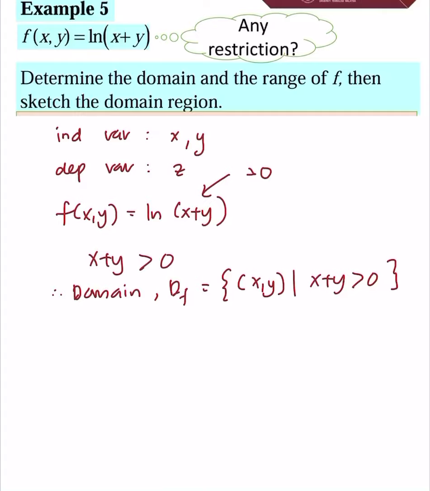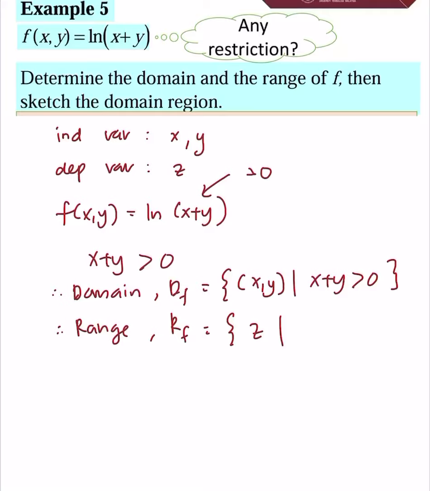How about the range? If we choose x plus y greater than 0, what is the range for z? If we use the calculator, we can pick any value. For example, ln 100, ln 10, ln 1, ln 1000 give positive values.